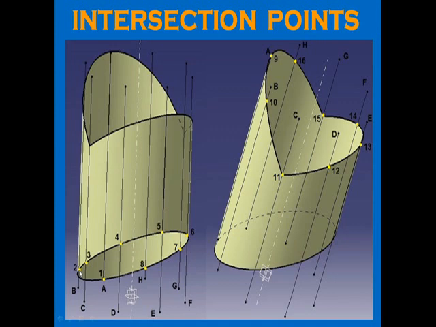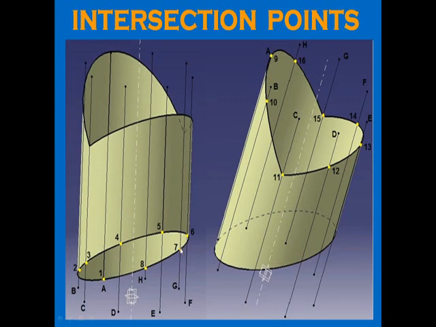It is the intersection of the cutting plane with the generator B. 3 is the intersection point of the section plane with the generator C. 4 is the intersection point of the section plane with the generator D. 5 intersection point of the cutting plane with the generator E. 6 intersection point of the cutting plane with the generator F.